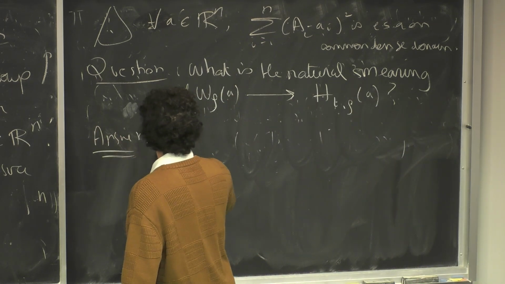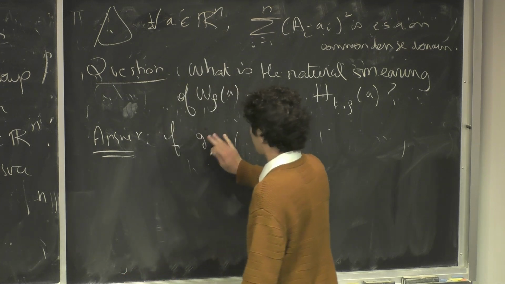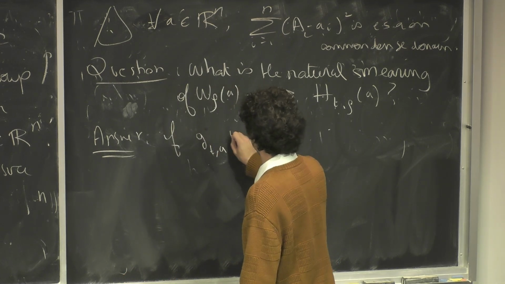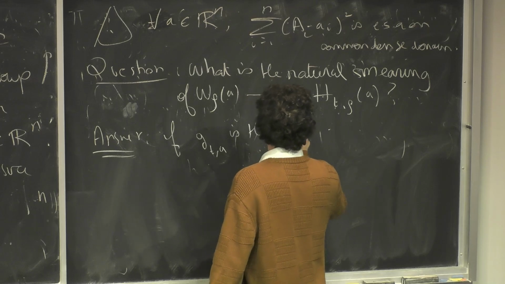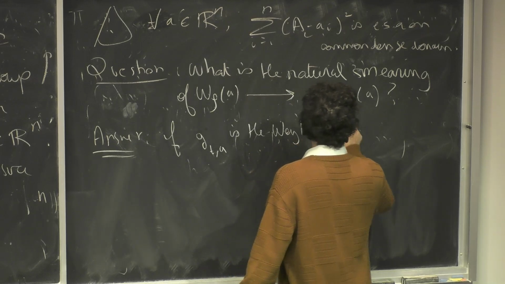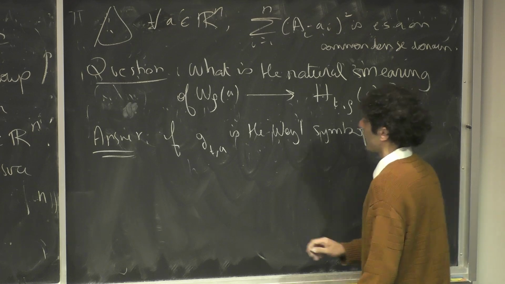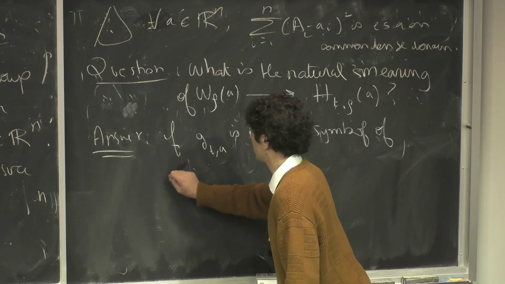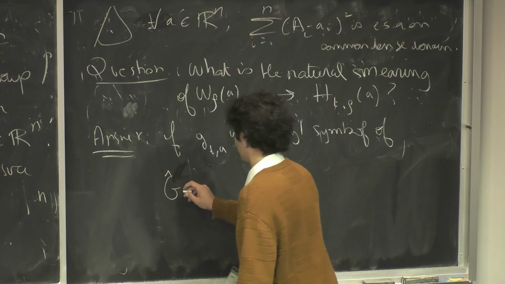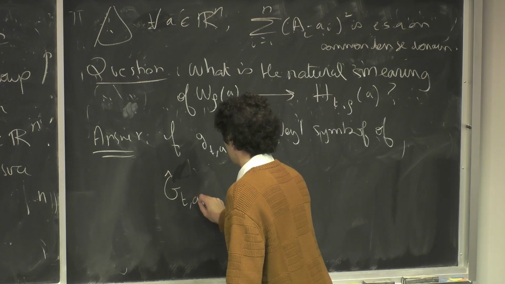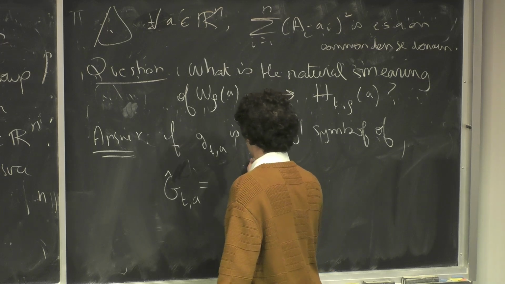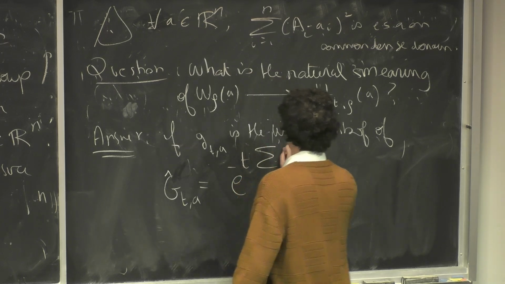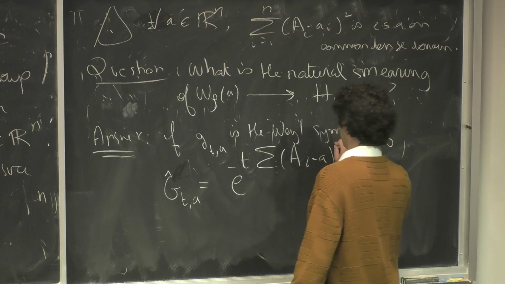If I know that G t a is the Weyl symbol, if I can find the Weyl symbol of the Gaussian semigroup G t a, which is e to the minus t sum of (A_i minus a_i) squared.